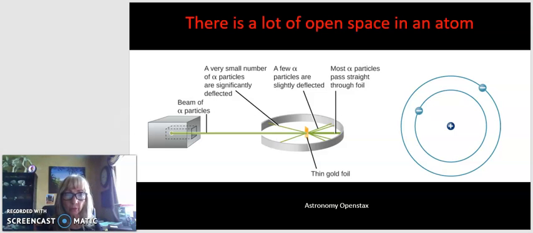They'd pass right through the foil. Some of them would hit the foil at a certain angle and be deflected just a little bit to come off at an angle. Some of them would hit the foil and bounce back. Not so many, but some of them.